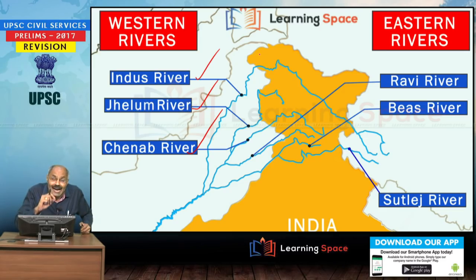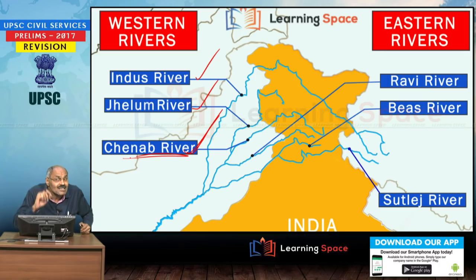Here Ratle and Baglihar. Ratle and Baglihar are the projects on Chenab river in Jammu and Kashmir. Please remember from an examination perspective, these two projects are on Chenab river in Jammu and Kashmir. And another point is Kishan Ganga.